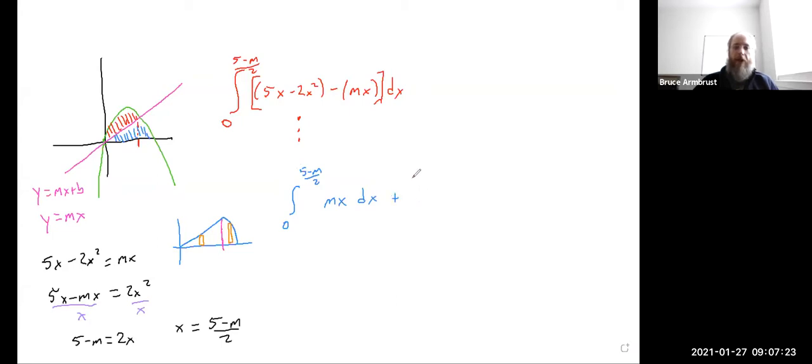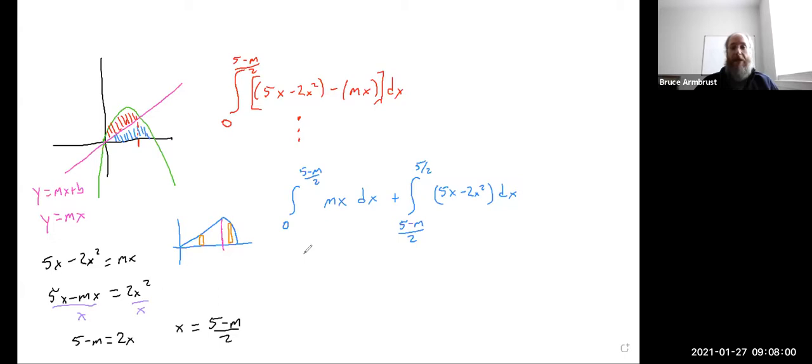But then we'd have to add on another integral that goes from 5 minus m over 2 out to the intersection point, which was the other intercept for the parabola, which was 5/2. If you set it equal to 0 and factor it, you'll see the other one is 5/2. But now the function that we're integrating is the 5x minus 2x squared.